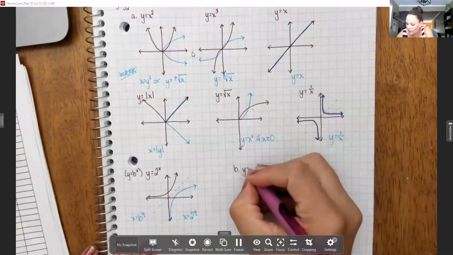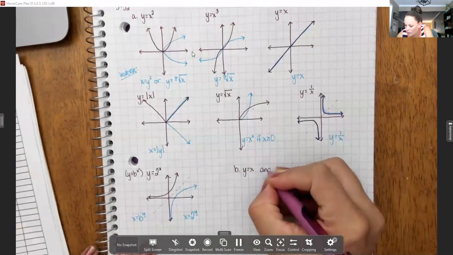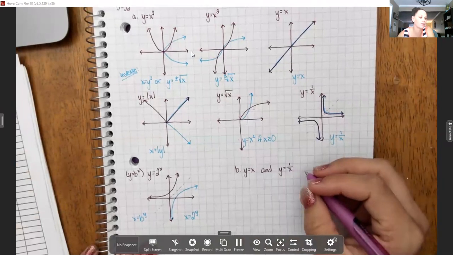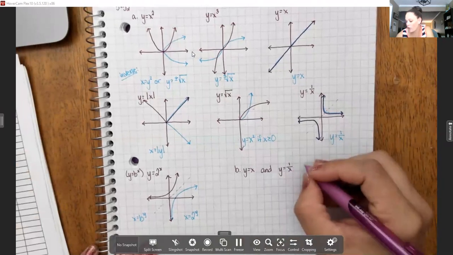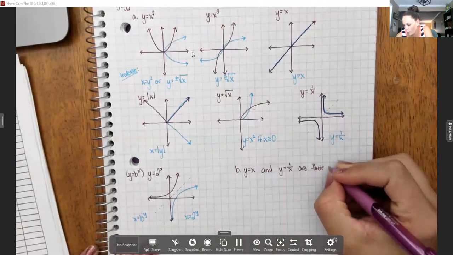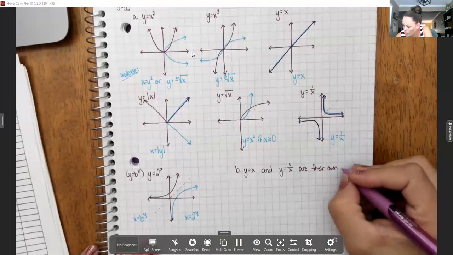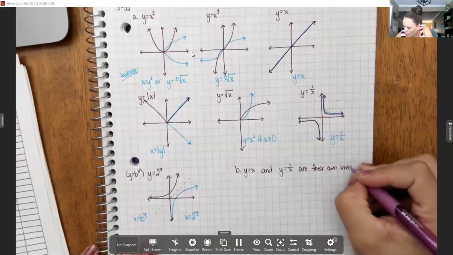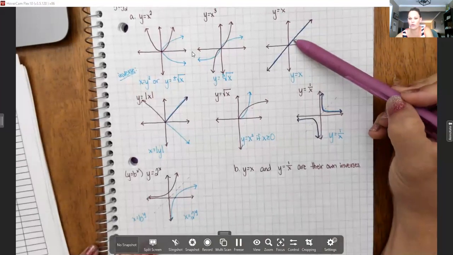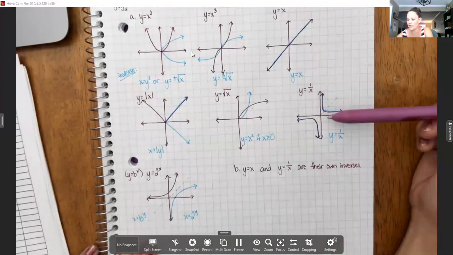So y equals x and y equals 1 over x are their own inverses. So we can see on the graph that the original and the inverse are the same graph.